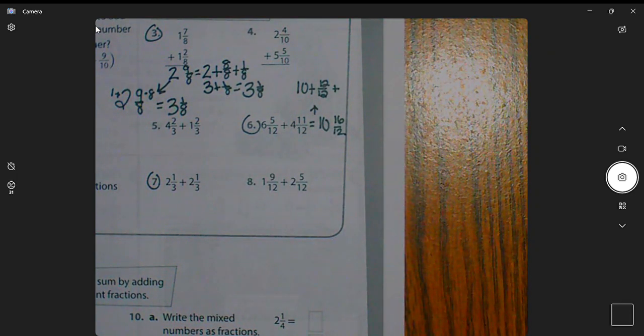How many more from 12 is 16? Yeah, it's 4.